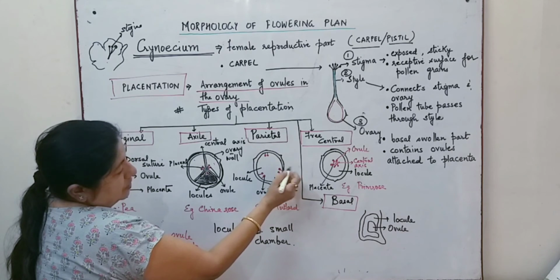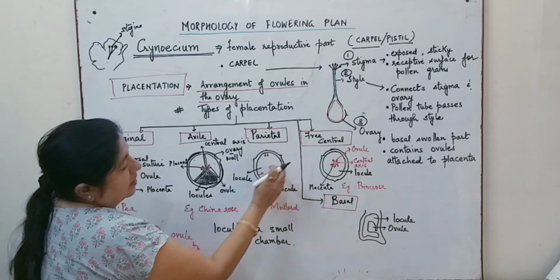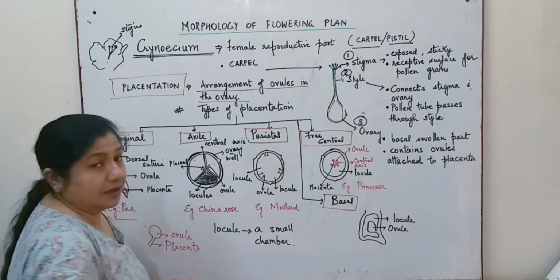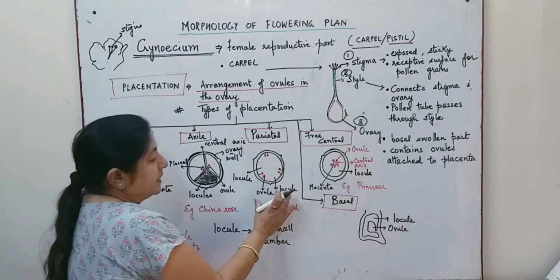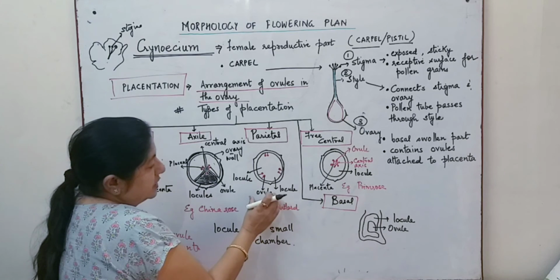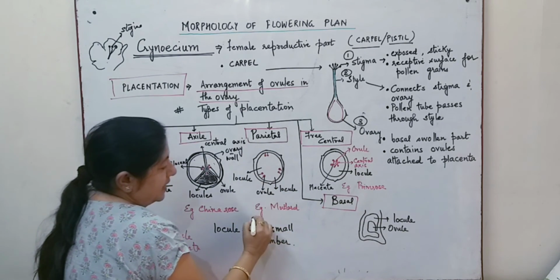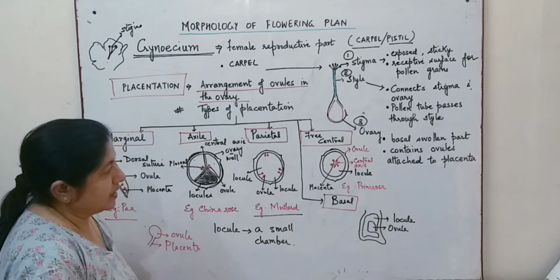They are present towards the end and facing towards the locule. This kind of arrangement is found in the case of mustard plant.